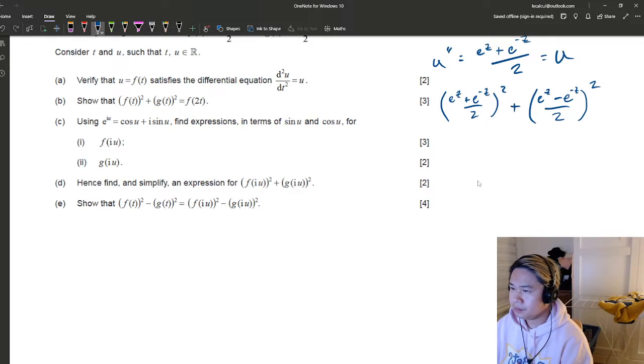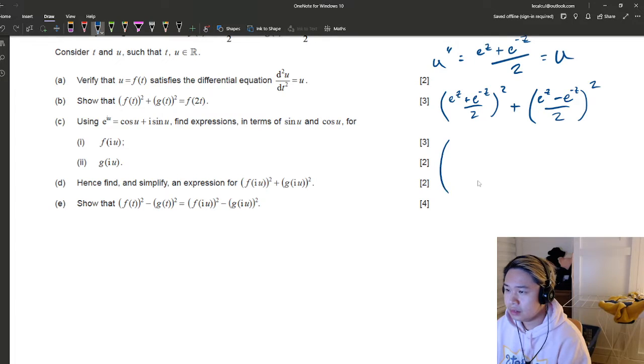I guess I'll square these. So I have 2z plus 2e to the z e to the minus z plus e to the negative 2z over 2.